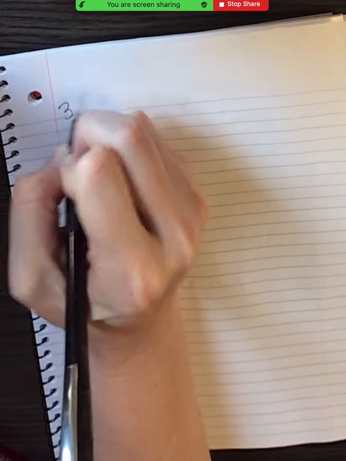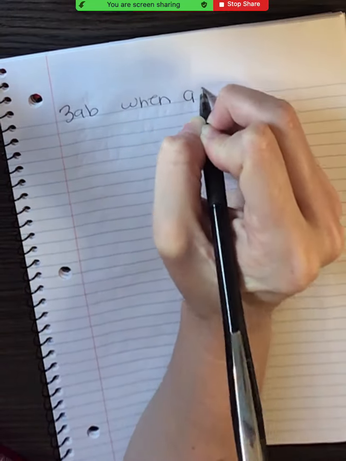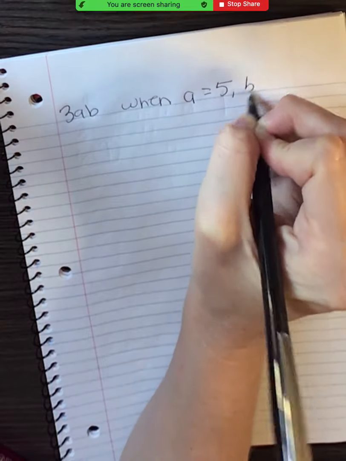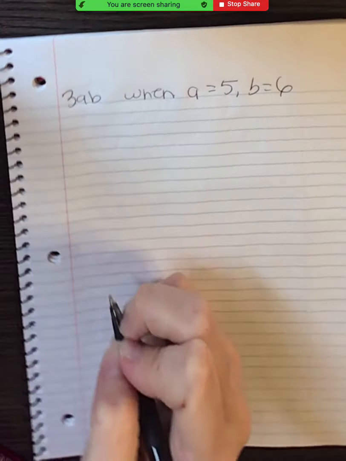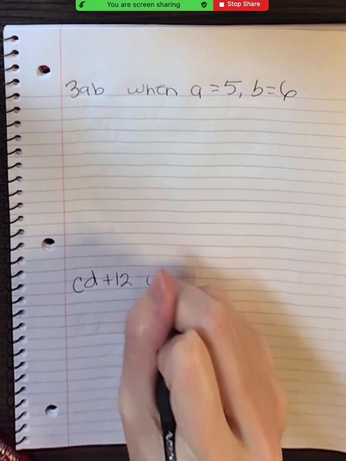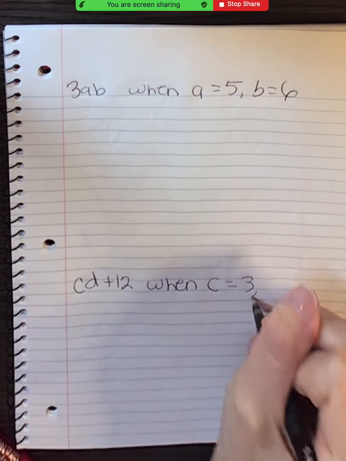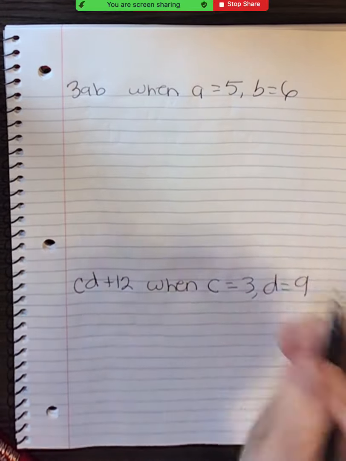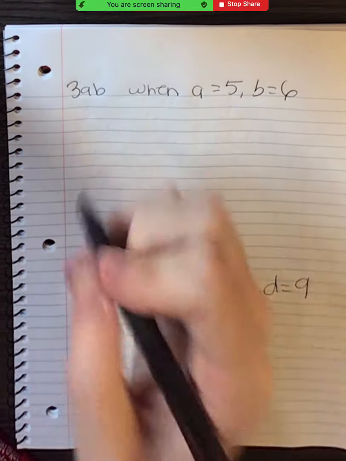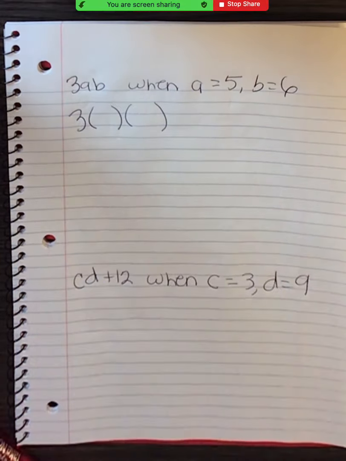Two more. So 3ab when a is 5 and b is 6. And then cd plus 12 when c is 3 and d is 9. 3ab means 3 times a times b.